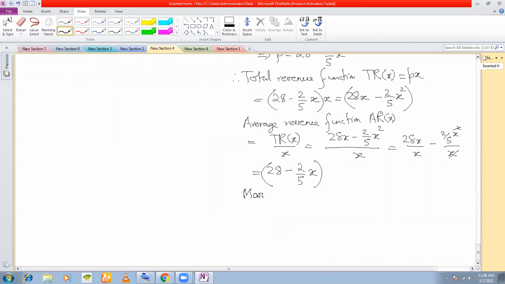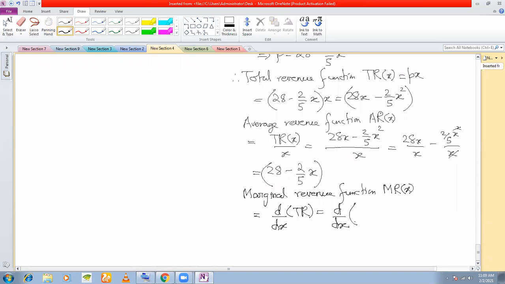Marginal revenue function, MR(x) is equal to, what is the definition of marginal revenue? It is the differentiation of total revenue, right? And what is total revenue here?